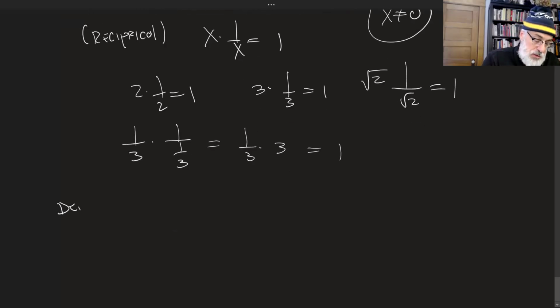So the next is what I wrote out but didn't complete. It's additive inverse.